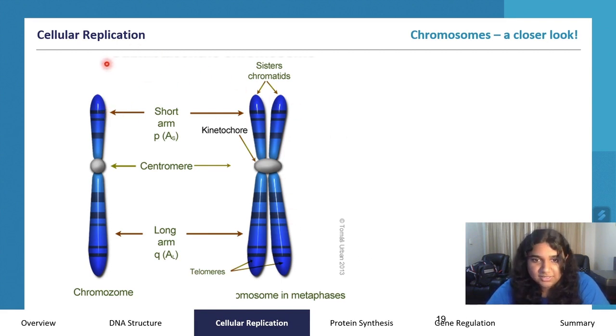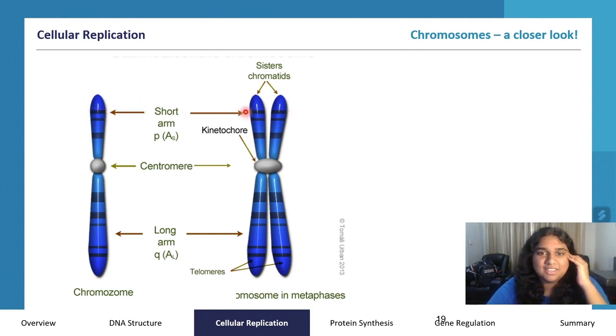We've got two arms. Typically a chromosome will have a short arm and a long arm, and a centromere at the center which holds the two sister chromatids together. At the ends, we have these structures called telomeres, which are also made of DNA. They don't code for anything, they just stop the chromosome from unraveling and they help them stay in this X shape. And then across the chromosomes, we've got all of these genes.